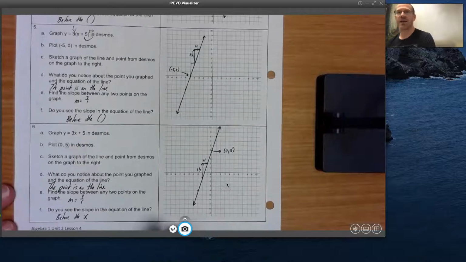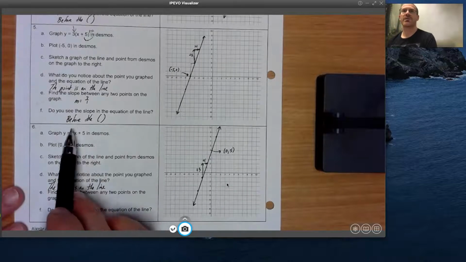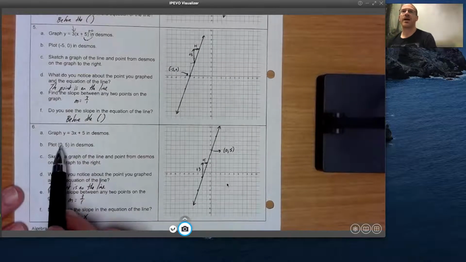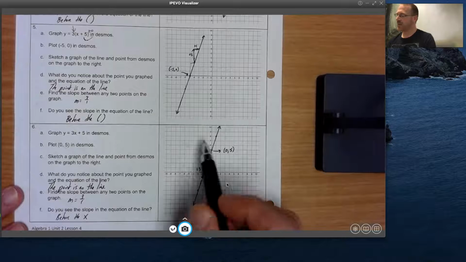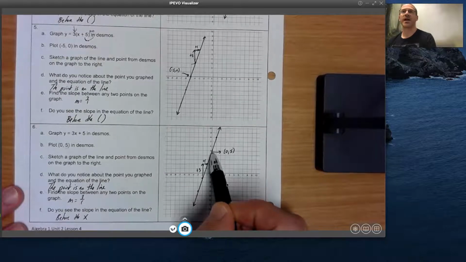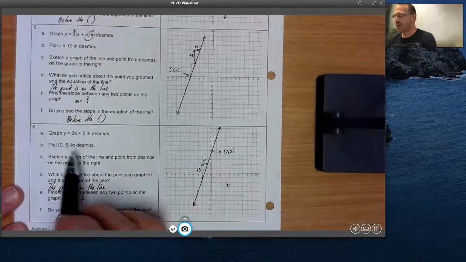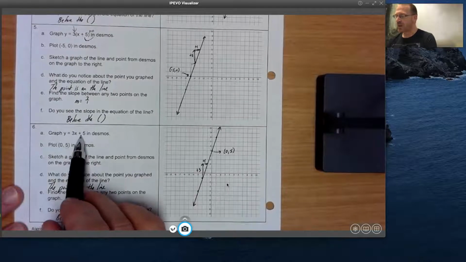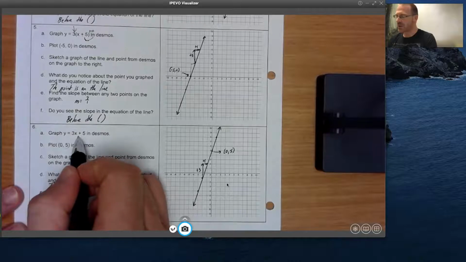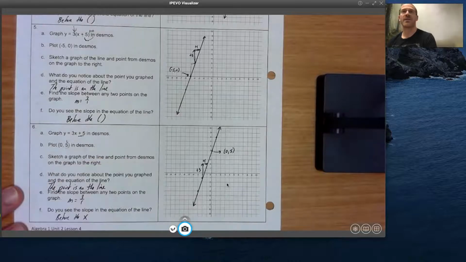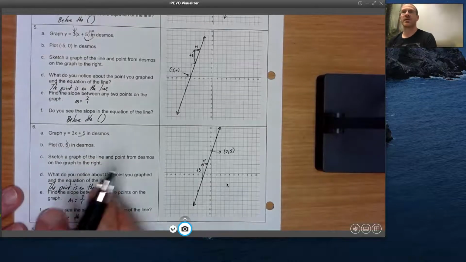All right, finally, last one, 3x plus 5. Now we have 0, 5, and if I look at my line, 0, 5 is definitely on the line. Now notice something here. I have my 5 here. The plus 5 is back. So there's the plus 5. Now notice the difference in this equation. I'm going to go back and look.